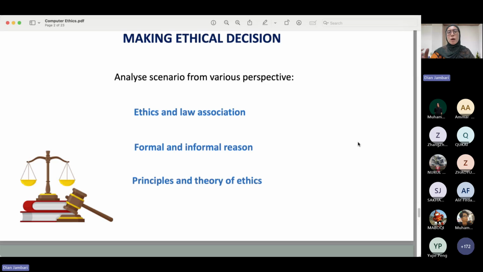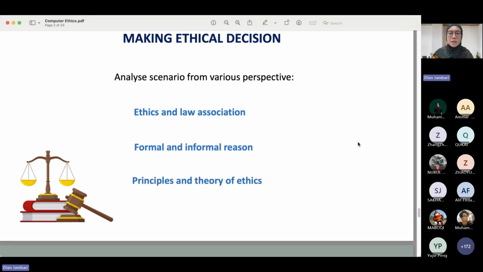So when there is a dilemma or an issue happening, we need to make a decision that will ensure that we remain ethical. And how can we make that ethical decision? There is analysis that needs to be done. The analysis can be done by considering these three perspectives.